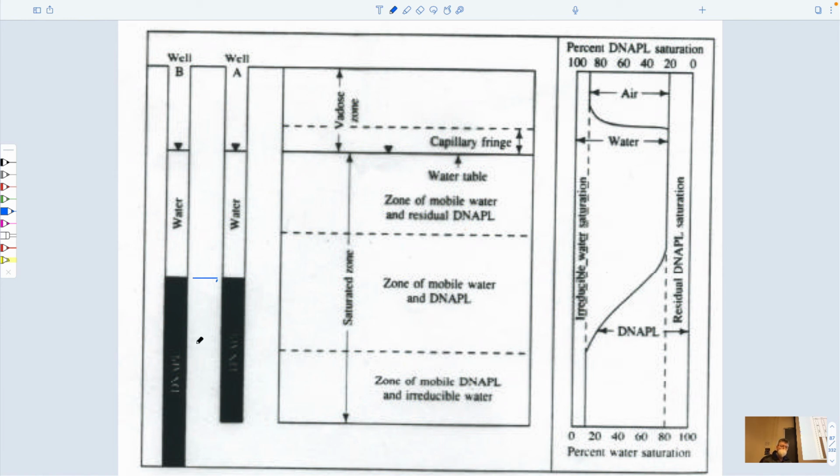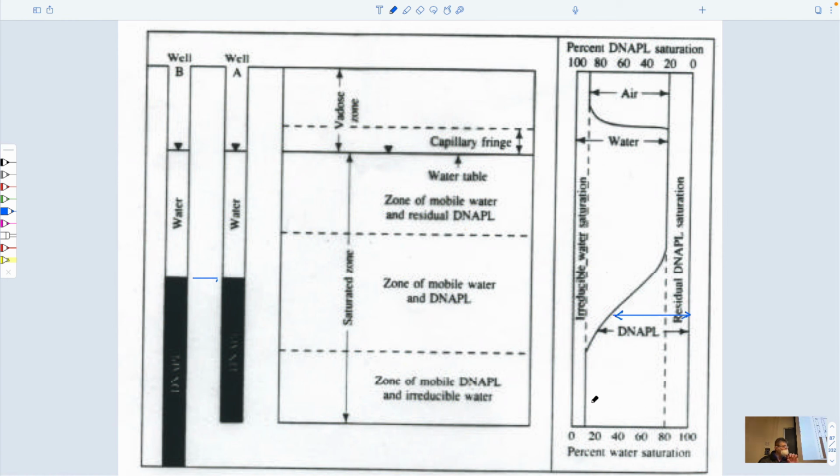And so this profile of what the saturation with depth would look like is given in terms of our capillary pressure curve that we just discussed. It would be mainly air in the vadose zone, a portion which is water, and then below this would be DNAPL. We know that when it's introduced at the surface, it's going to shoot right down to the bottom because it's denser than water, and so it will preferentially gather at the bottom. So if you look at the components, this will be DNAPL.